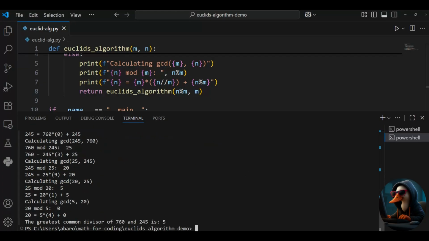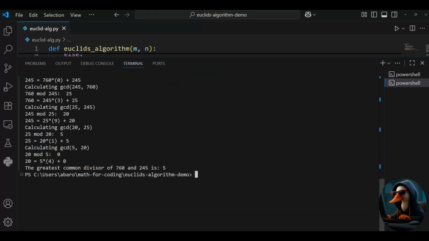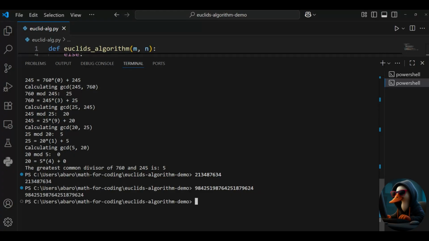And also, I was talking about why it seems like it's so much longer to do it this way, but let's put in some really large numbers. Let's try, and I'm just making these up on the fly. That seems like a big number, and that seems like a much bigger number. There we go. Oh, I didn't even call it. Let me call it. There we go.